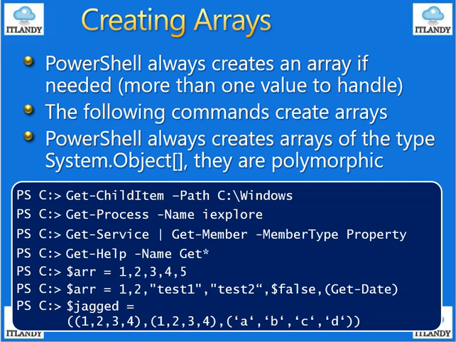A jagged array is an array whose elements are arrays. So the elements of a jagged array can be of different dimensions and sizes. A jagged array is sometimes called an array of arrays.